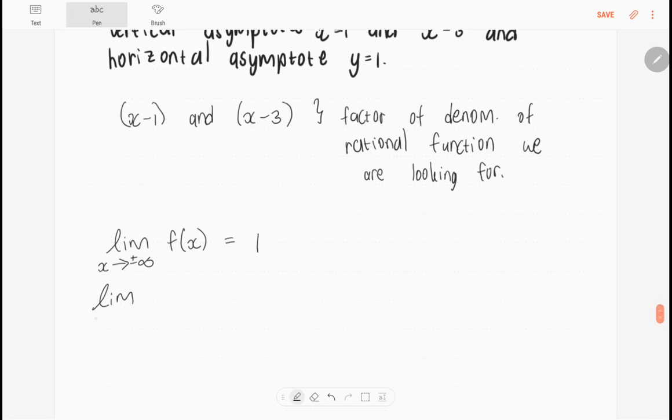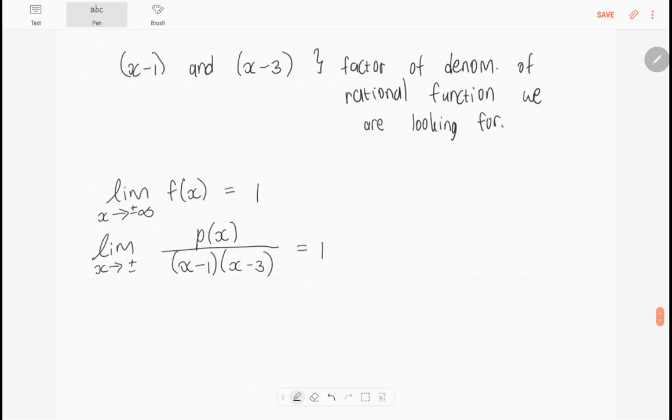We have some more information about that function by now. We know that the function has the factors x minus 1 and x minus 3 in it. So let's just call our numerator some polynomial p of x. If we multiply our denominator out, then we get the limit as x approaches plus or minus infinity.